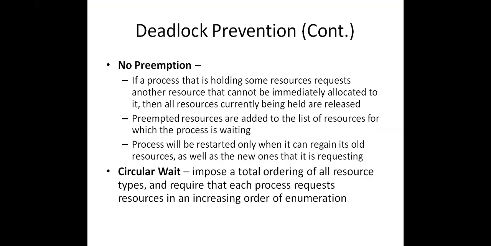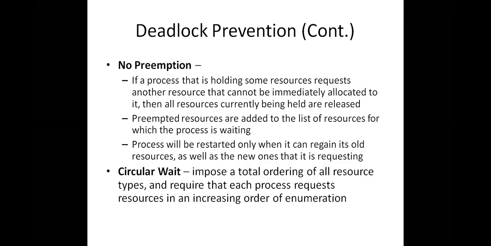That means whenever a process is holding some resources and requests another resource that cannot be immediately allocated to it, because it is already using some resources, the process has to release all the resources currently being held first.